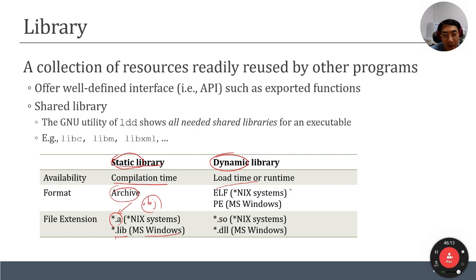The format of a dynamic library is ELF in Linux or any Unix system, but in Microsoft Windows, the format is PE, or portable executable. We haven't talked about this, but it is another format that is used in Windows. The file extension is .so in Linux and .dll, or Dynamic Link Library, in Windows.